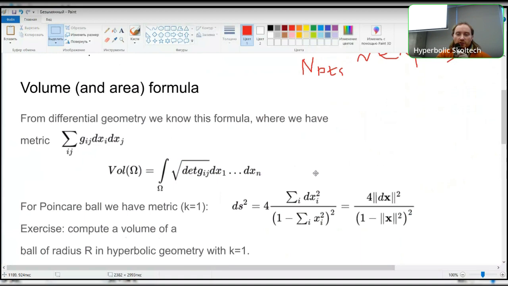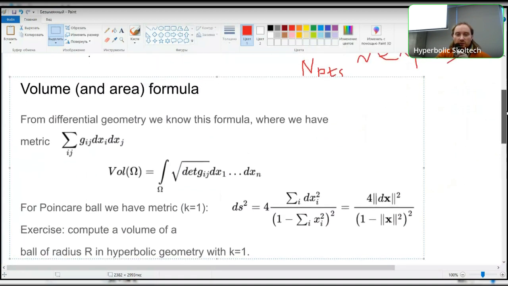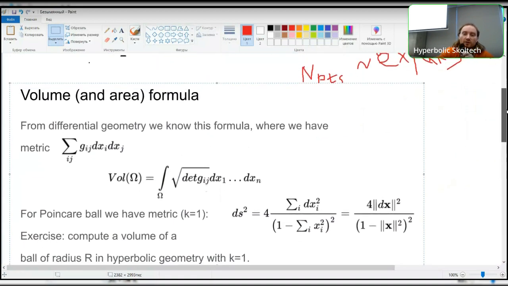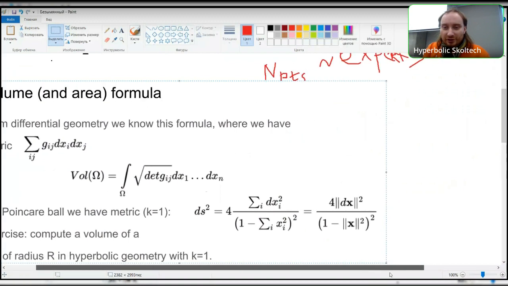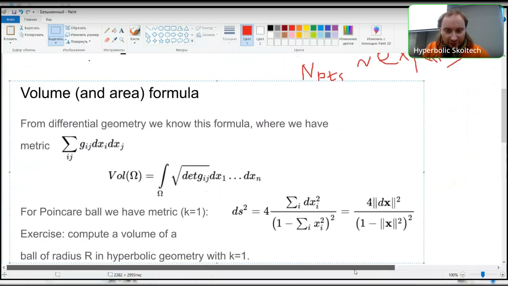Actually, it's not very trivial for n dimensions. I was integrating it for several hours before sleep. Are we supposed to do it in a quantum model? Yes. I wanted to show you some technique for doing such things.